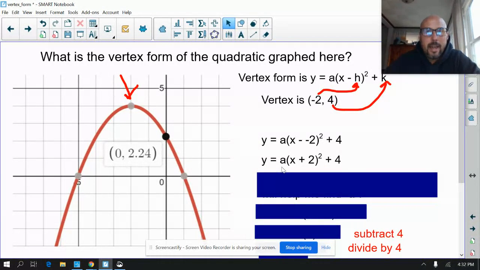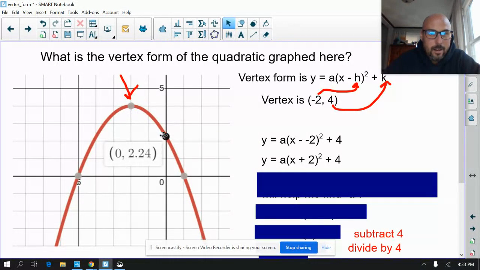How am I going to find a? This is a great way to find the unknowns here. All these ordered pairs on this parabola will satisfy the equation that I come up with. The equation that generates this parabola will generate all these ordered pairs. And I have one ordered pair. I actually know the vertex, but I already used the vertex.